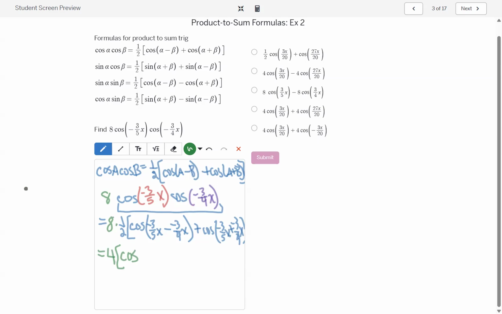So we need to know what -3/5 minus -3/4 is. That is apparently positive 3/20. So we have the cosine of 3/20 x plus the cosine of, now we have -3/5 plus -3/4, and that is -27/20 x.